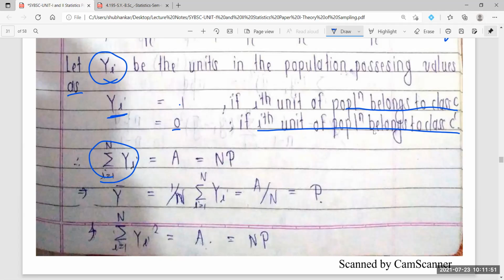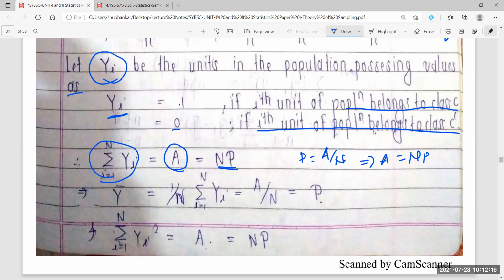So number of ones means the number of units in the population belonging to class C. So this is A, and we know that capital P is equal to A by N. So that implies A is equal to N into P. Okay, so summation yi is equal to NP.